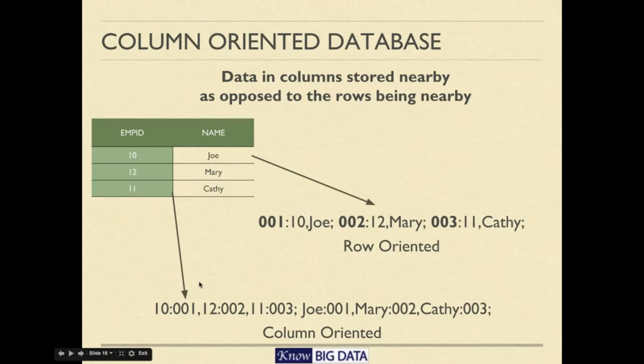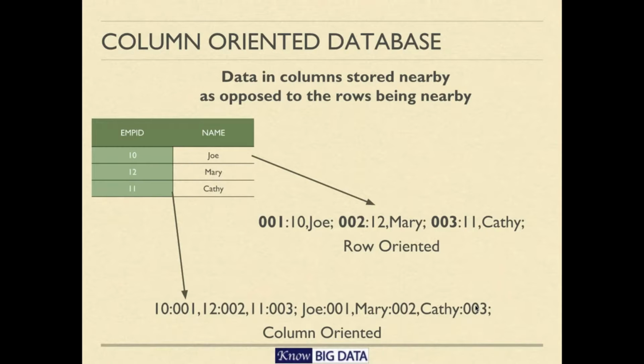The second way is you first store the first column. That means you store 10, 12, 11, then you store Joe, Mary, Kathy in the file. This could be another way of storing. The first one is called row-oriented databases and the second one is called column-oriented databases.